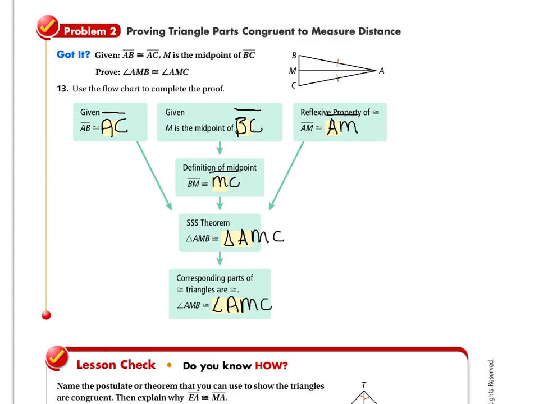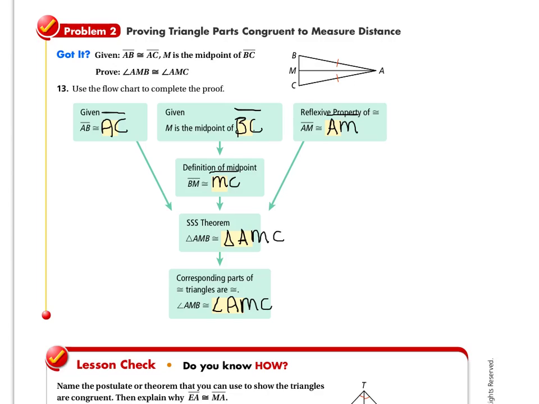Now, I'm on the last section of our notes, on problem number 2. And if I've moved too fast, please pause it and rewind so that you can get caught back up. On problem number 2, we're proving triangle parts congruent to measure distance. Now obviously we are looking for sides here.